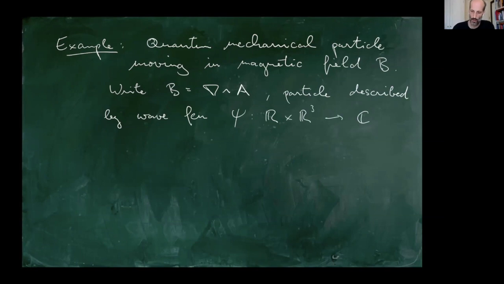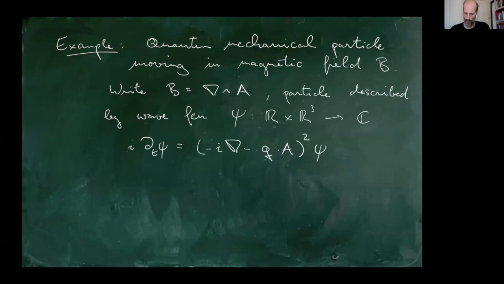And the Schrödinger equation says that, if I set h bar equal to 1, i d_t psi should be equal to minus i gradient minus electric charge times A, squared, applied to psi. And if you have an electric potential, there's another potential term. But let's just have no potential, purely a magnetic field. Then that's the Schrödinger equation.